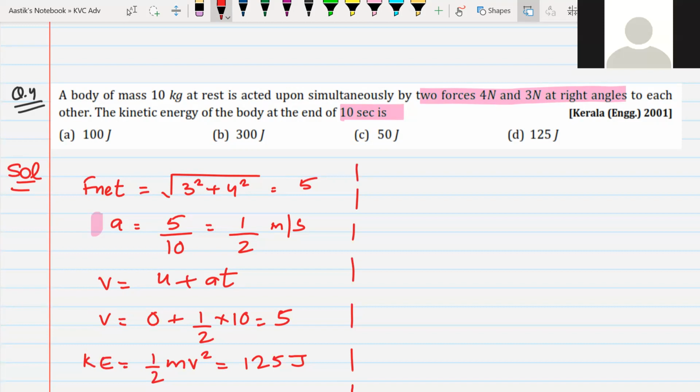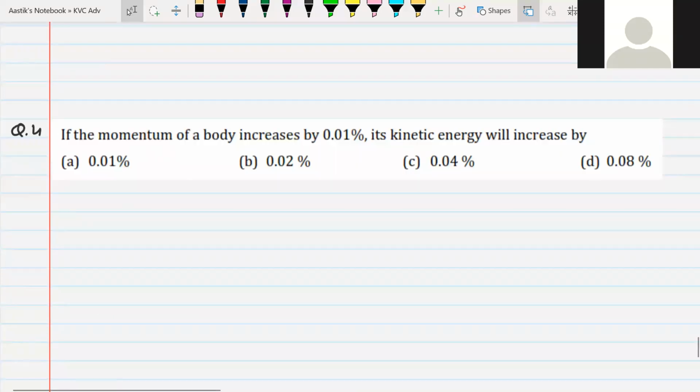Comes the next question, and here is the next one. If the momentum of a body increases by 0.01%, what will be the change in its kinetic energy?